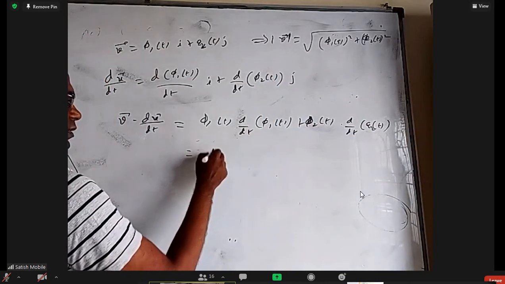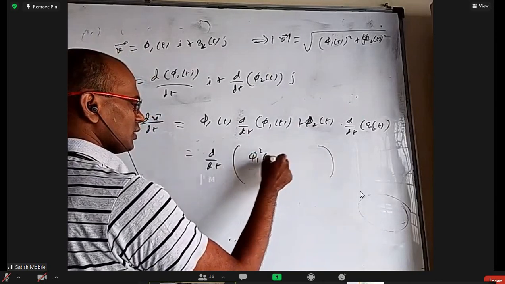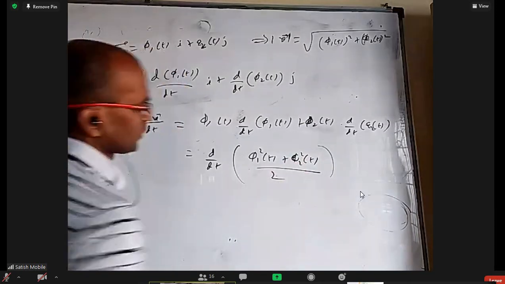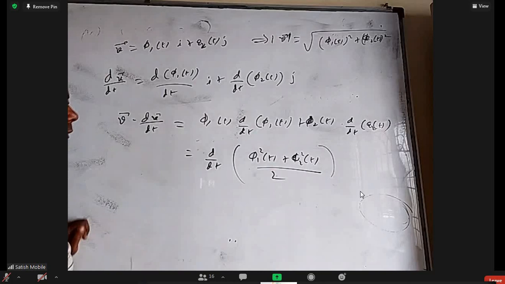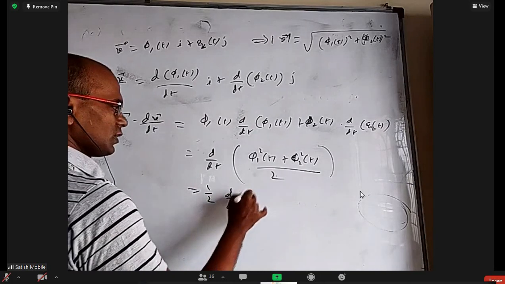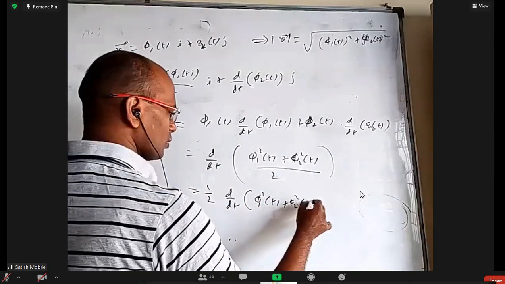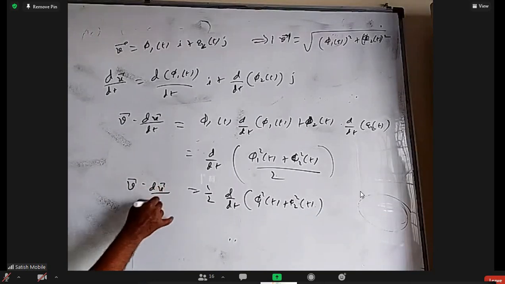This is actually d by dt of (phi1 square of t plus phi2 square of t) by 2, because the integral of x dx is x square by 2. That is half of d by dt of phi1 square of t plus phi2 square of t, that is v bar dot dv bar by dt.